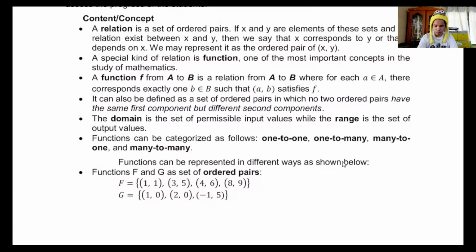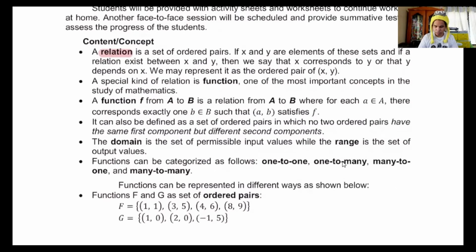But before that, let us first discuss relation. So a relation is a set of ordered pairs. So if x and y are elements of these sets, and if a relation exists between x and y, then we say that x corresponds to y and or that y depends on x.